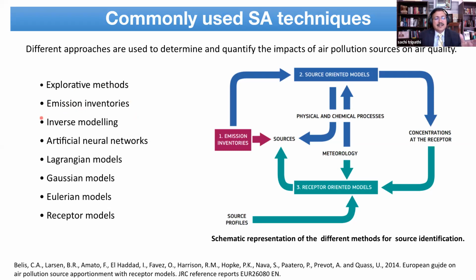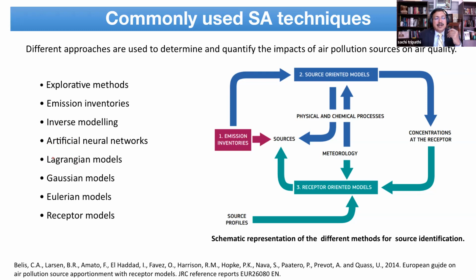And there is also an idea that you have done modeling and then you try to invert it, using the model and some measurements to invert it and then use that. Then some people have started using, of course, artificial neural networks, which are a kind of AI.